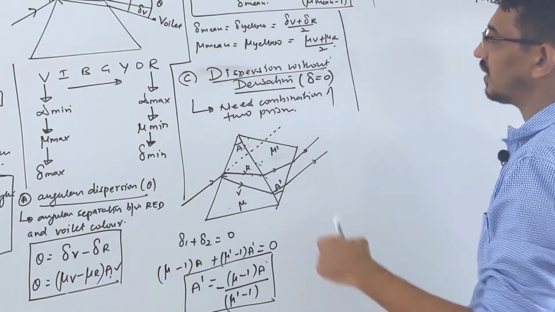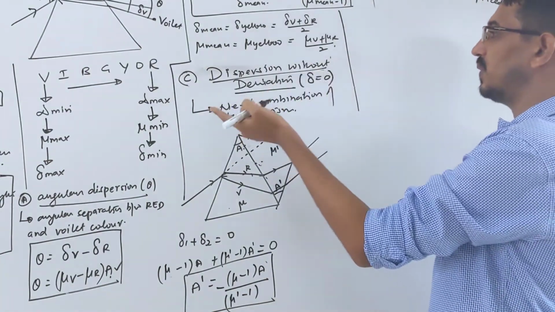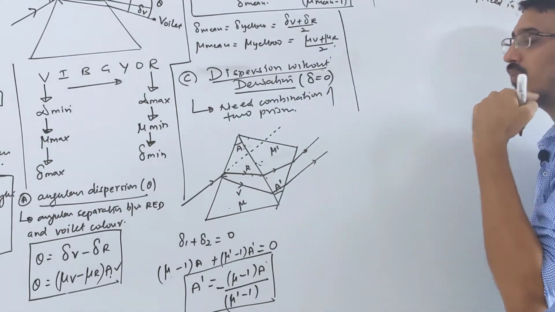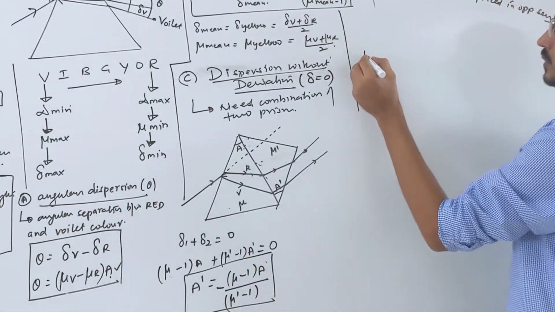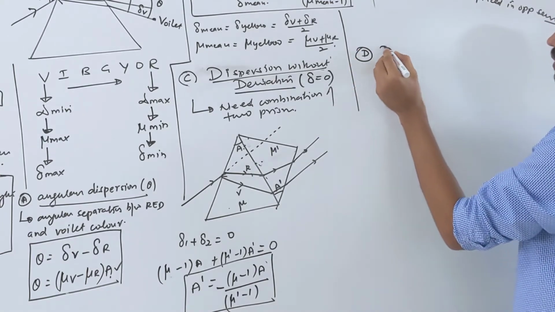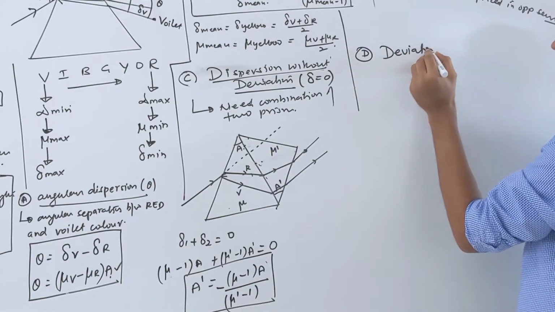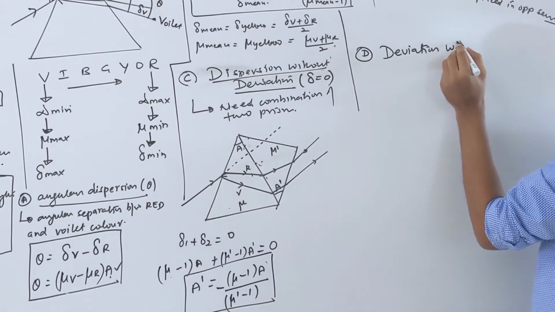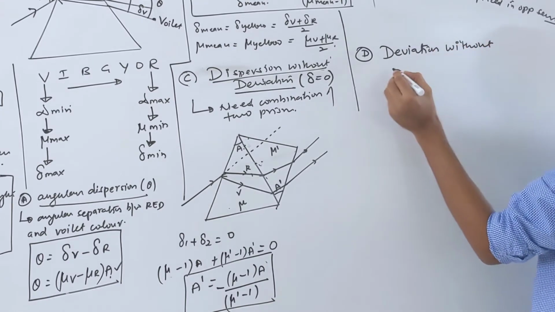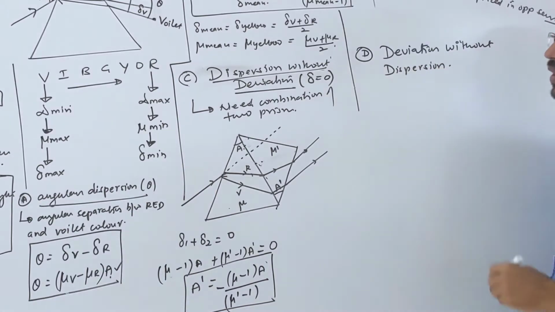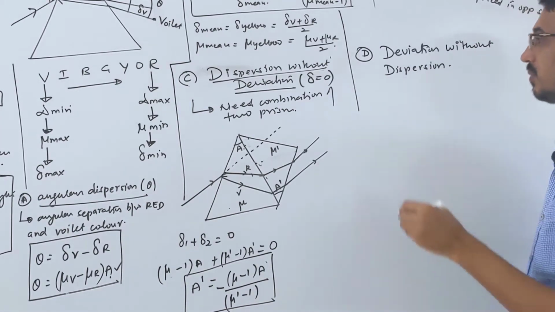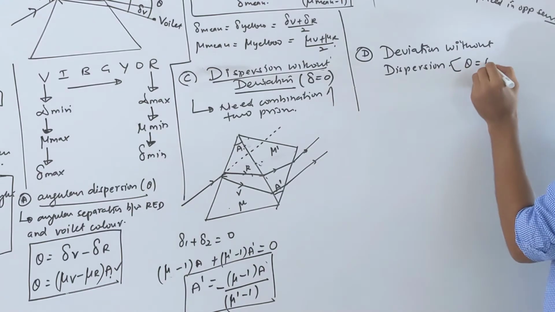Now we want the opposite of this. This was dispersion without deviation. Now we want deviation, but we don't want dispersion. So this is called deviation without dispersion. You want deviation, but you don't want dispersion, which means your theta should be equal to 0.